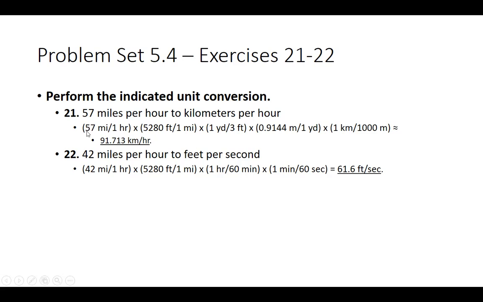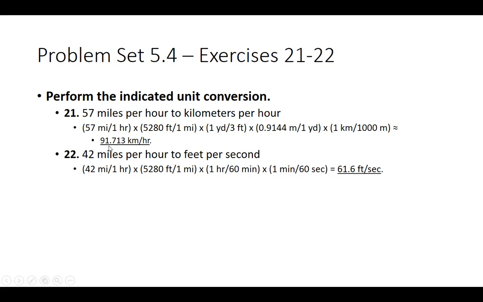So the math here is 57 divided by 1 times 5,280 divided by 1 times 1 divided by 3 times 0.9144 divided by 1 times 1 divided by 1,000.